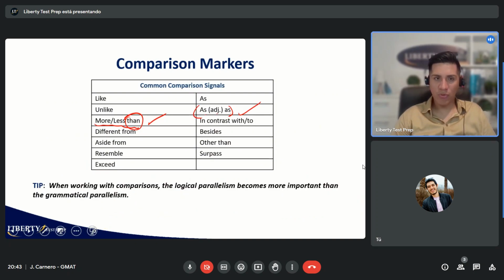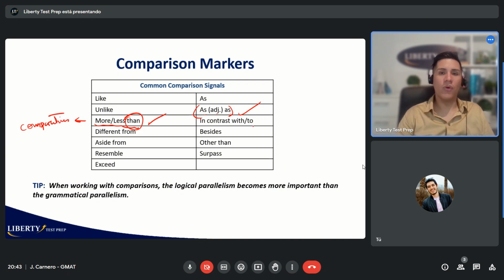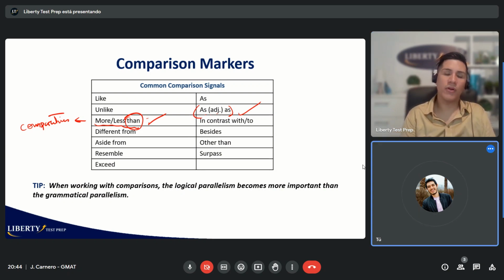The other markers, other than "more," "less than," or "any," we're going to see later are named comparatives, and they do not allow for exceptions. Basically, all the other markers are strict and rigid. But because these two are the most common, people normally refer to comparisons as allowing exceptions. Is that clear? Okay.